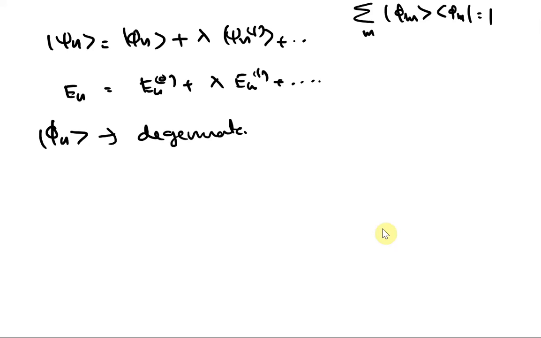Phi n is the nth state of phi, and it can take any value. I am putting another subscript here to represent the degeneracy as well. Alpha represents the degeneracy, and alpha can run from 1 to 3 etc. up to f, where f is the maximum degeneracy.